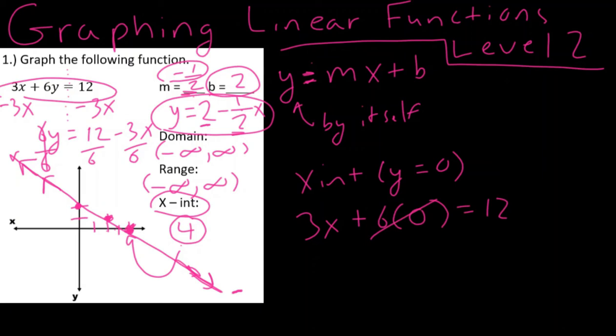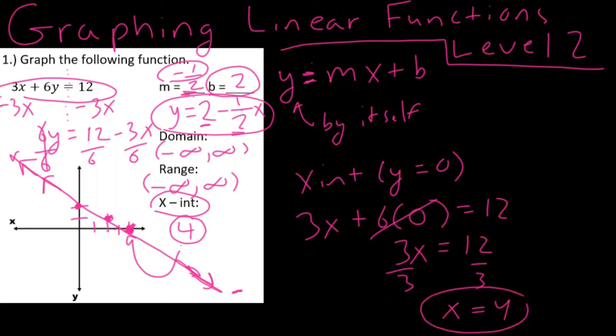It's gone. So essentially we're left over with 3x equals 12. And how do you get rid of the 3? Well, we divide both sides by 3, and we see that our x-intercept is at 4. So you could have seen that by looking at the graph, because that's pretty obvious, or by simply plugging in 0 everywhere we see a y and getting that our x-intercept was at 4.